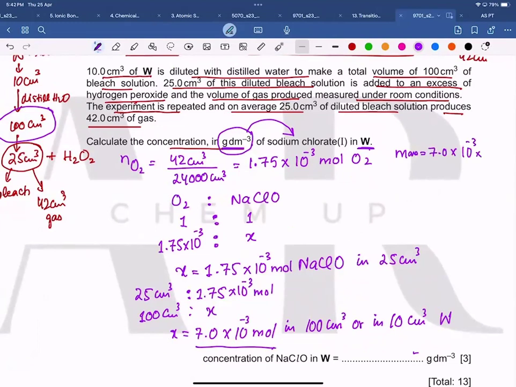Na is 23, then 35.5 and 16. So what is the MR? It's 74.6. Now if you multiply them, you will get the moles. Oh, sorry, grams.